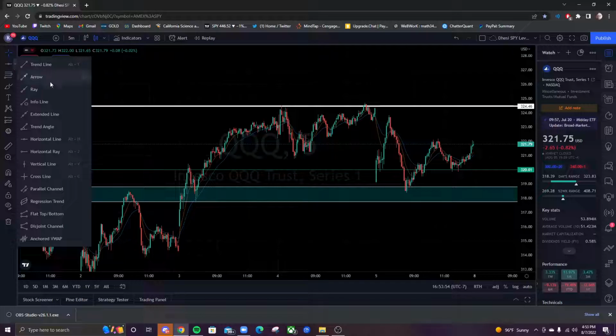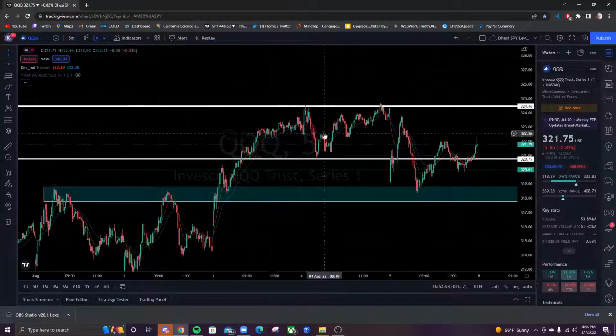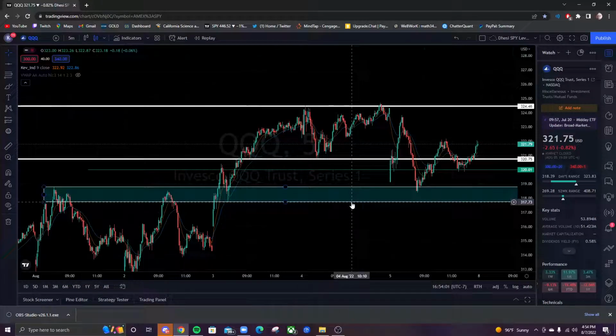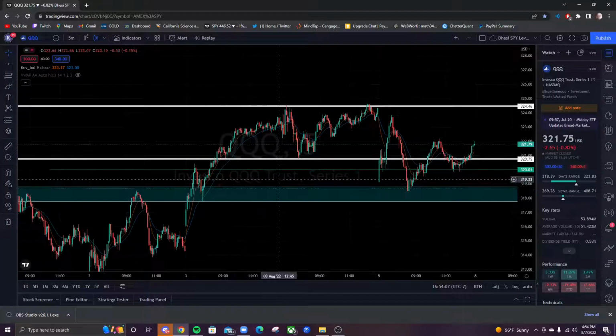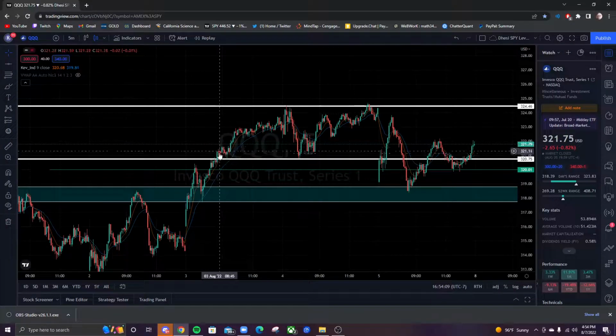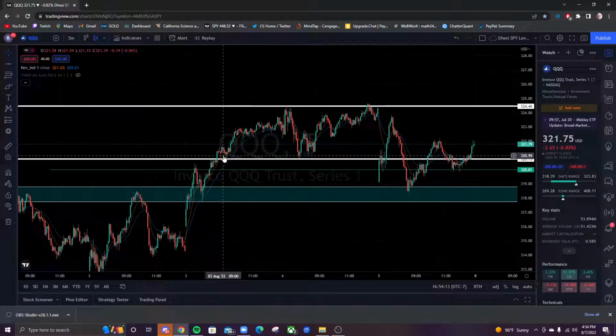Give me 1 second, let me draw it out. So we retrace to about this 320.75 level, right? And personally, this is when I would know when to draw it as a zone. I would look back at the 5 minute and see if there's actually previous price action here. As we can see to the left, we did get a few candles that were chopping around here, which needed to build some strength.